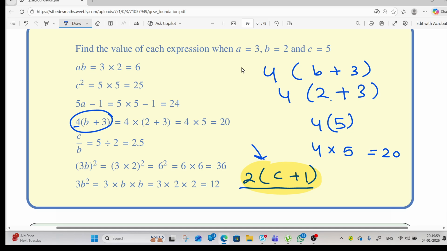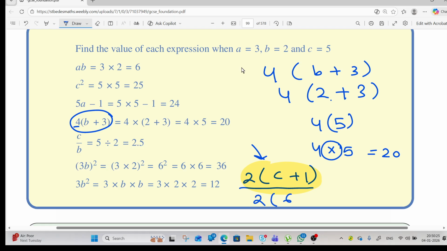8. Hmm, 8? How? I think you are adding them. If there is no operation, that means you need to multiply them. C is 5, right? Solve the bracket first. How much did you get from the bracket? 6.